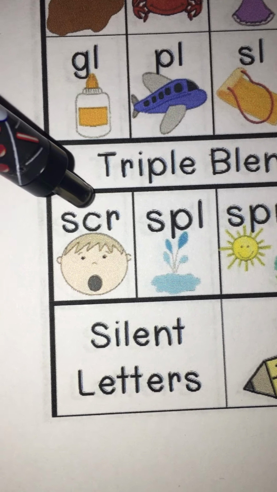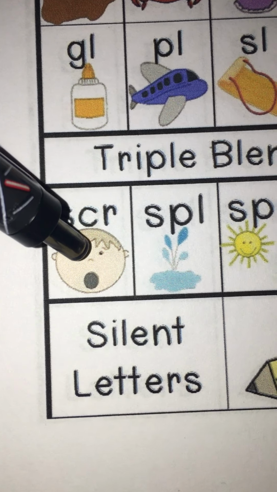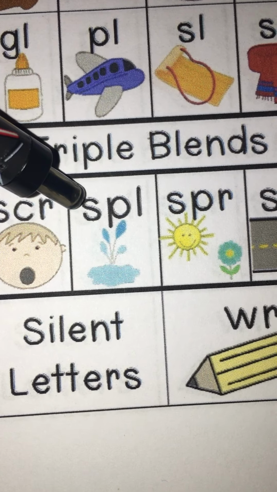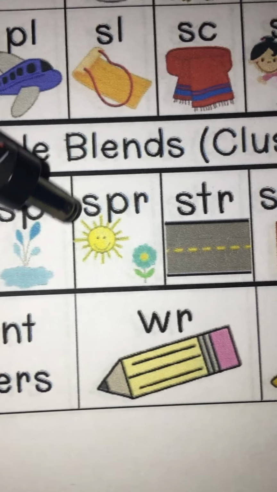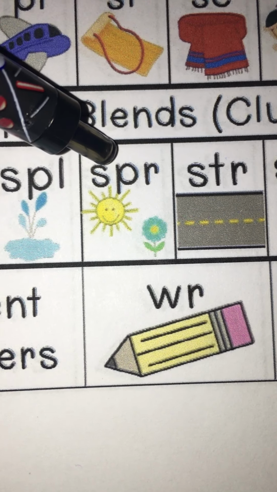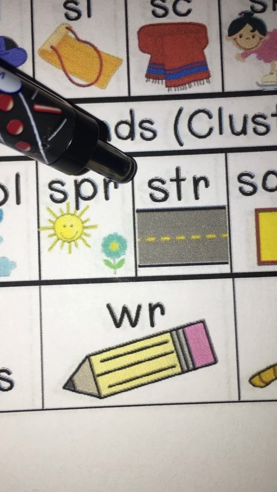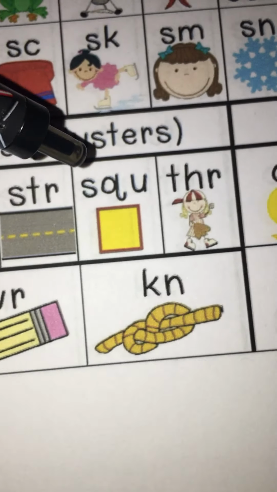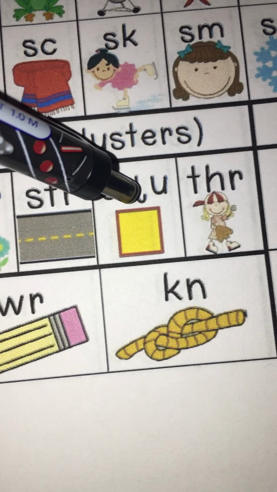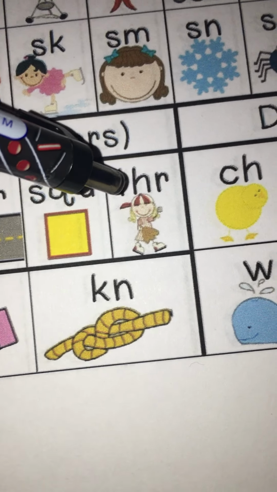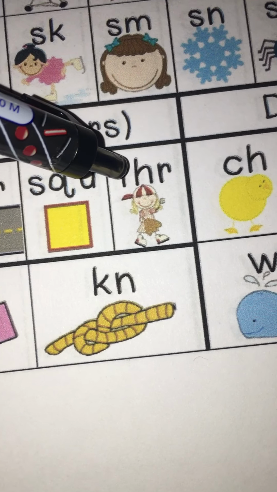So SCR says skr as in scream. SPL says spl as in splash. SPR says spr as in spring. STR says str as in street. SQU says skw as in square. THR says thr as in throw.